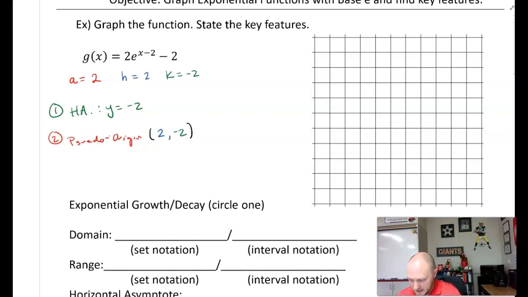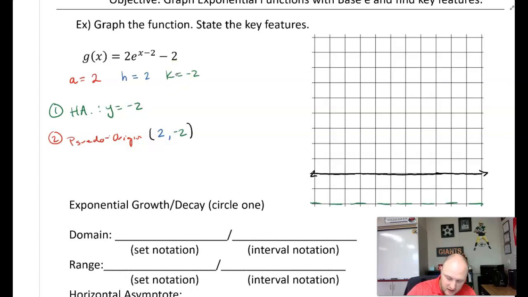Let's go ahead and plot this. So I'm going to place my axis down here. Since we're growing, we have a stretch by a factor of 2, and then also 2, we have a horizontal asymptote down 2.